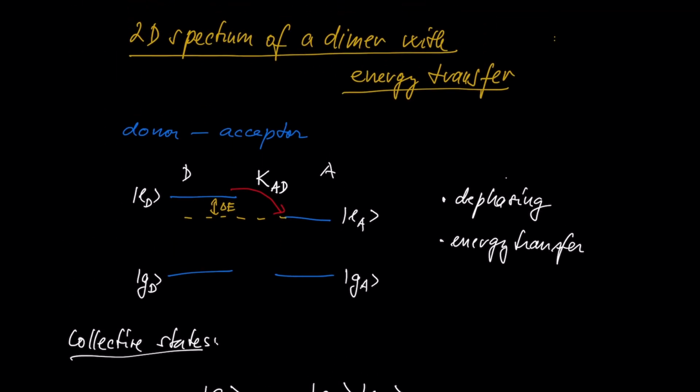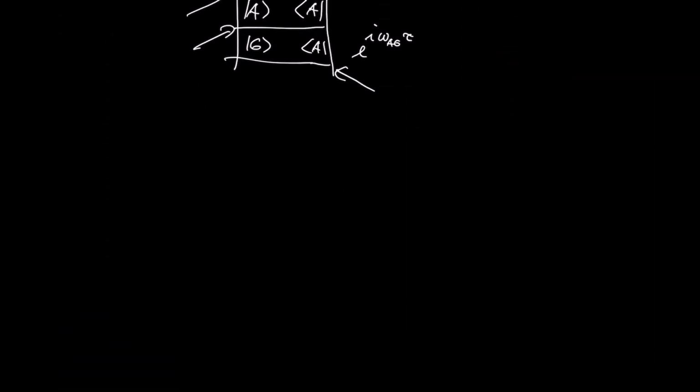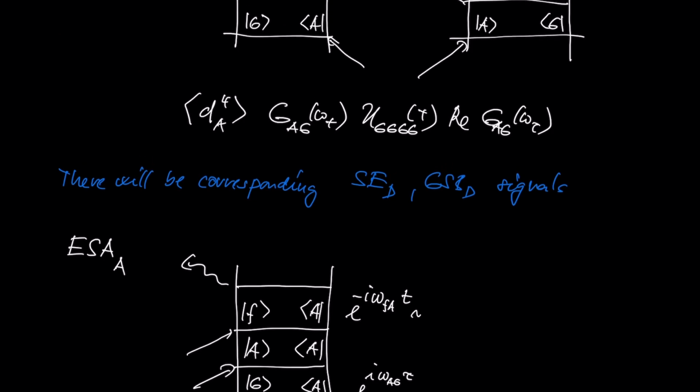So the only thing that can be in addition populated is the D. So if we go from ground state of D to D, we build a state F which has both A and D populated. So that would of course mean that this is e to the power of minus i omega DG t. Yeah, because A is already populated and doesn't change, but from A to F you get by exciting D, and this is where you end up after the wavy line.